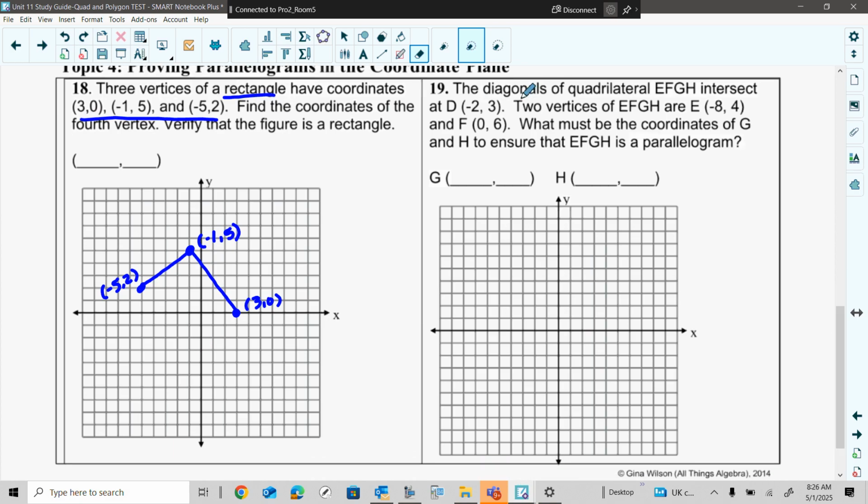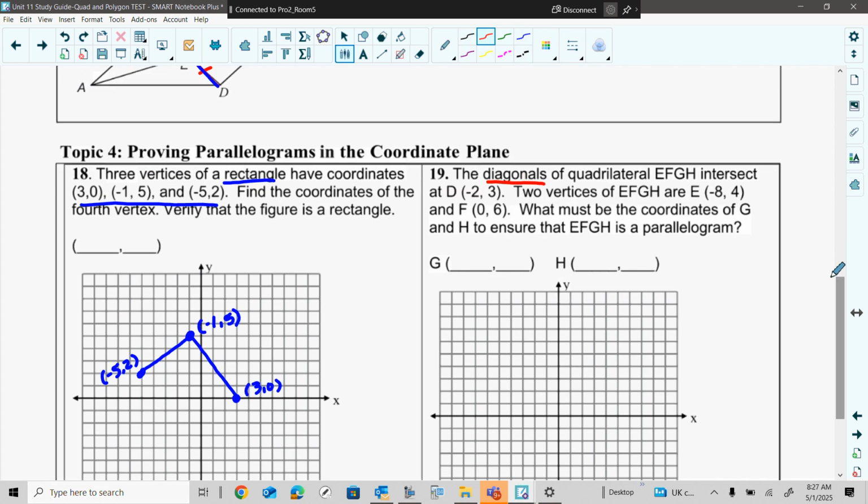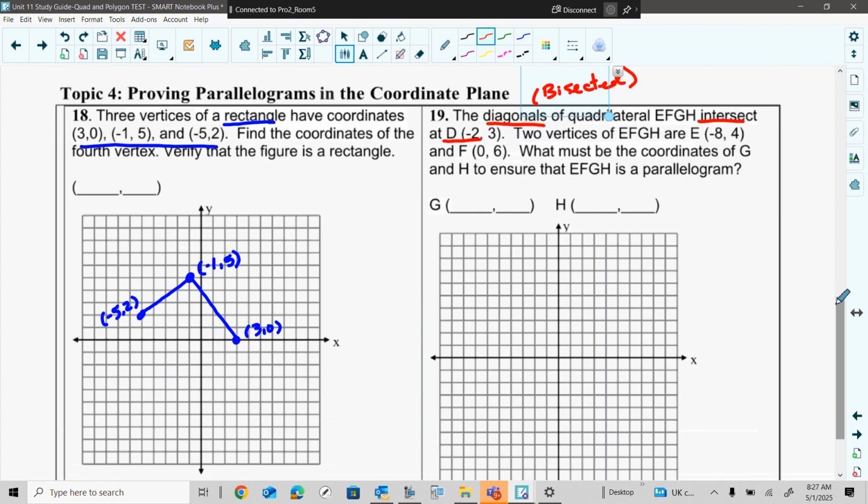Now here we're talking about the diagonals of a quadrilateral. Because we're talking about diagonals of a quadrilateral, you got to remember diagonals get bisected. I'm giving the intersection point D, which is at negative 2, 3.